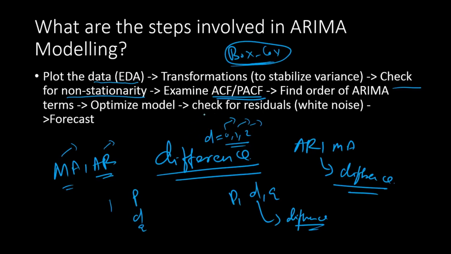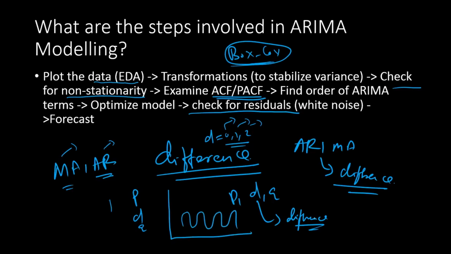All right, the next step is to check the residuals. Even if the model is able to provide good accuracy, how do we ensure that this is the optimum model? Can it be made better? You know that by plotting the residuals. The residuals should be white noise.